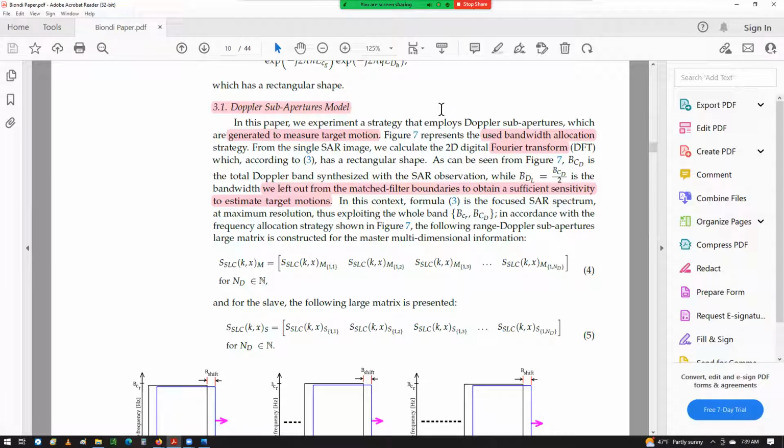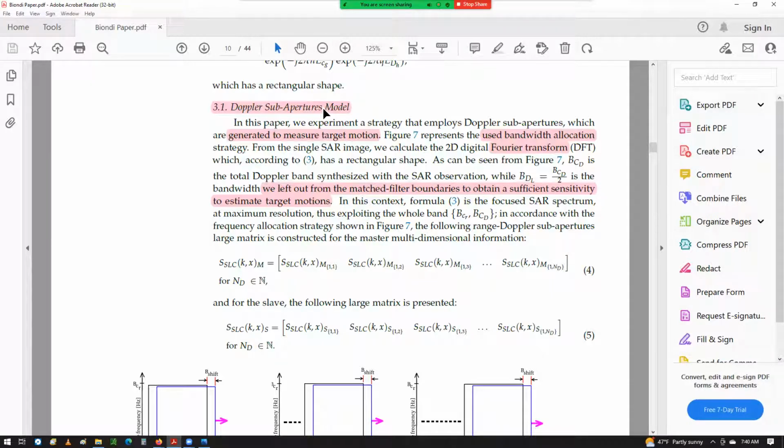That's how I'm understanding it anyways. You're going to get a smear across the range and the azimuth. And what they did, they said, no, we want to know what the individual components of the smear are, because that is what we're looking for. We want to quantify the smear. And in order to do that, they use the Doppler sub-aperture model.